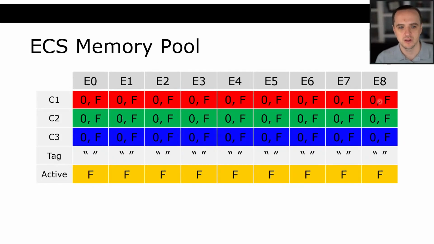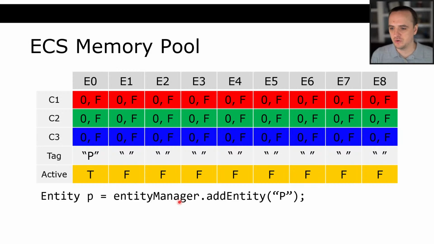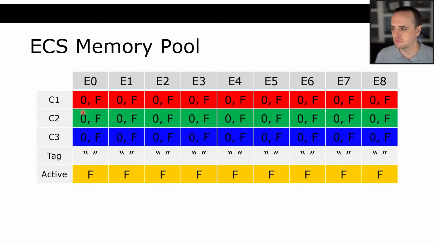So let's say that we have this, which is our initial blank memory pool, and we want to add an entity. So what we do is we call entity p equals entityManager.addEntity with a tag of p, right? So here's what we had before.